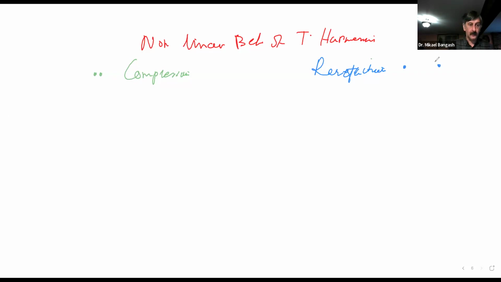As a result of rarefaction and compression, there is going to be a nonlinear behavior displayed in the propagation speed. Clear? Now, what we will see in compression is a greater particle motion.